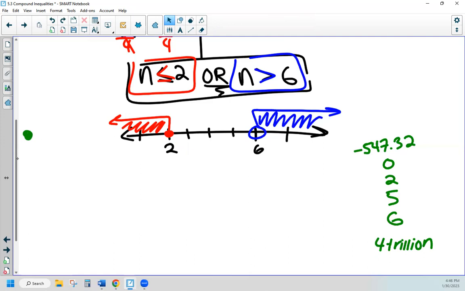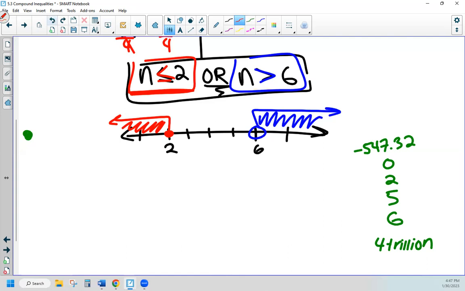Is that part of our solution? Is it part of the red? Yes, it is. Is it part of the blue? No, it isn't. But this word right here, or, makes this correct. As long as you get a number that is here or here, that will satisfy our inequality.